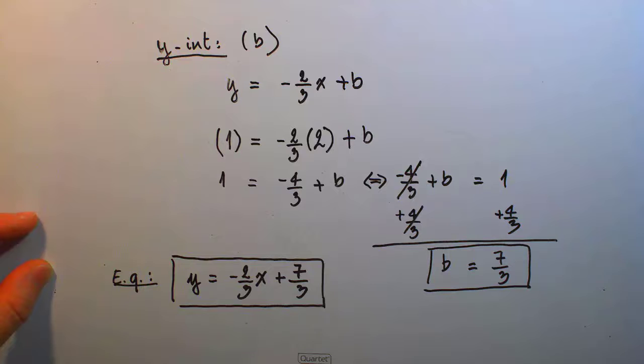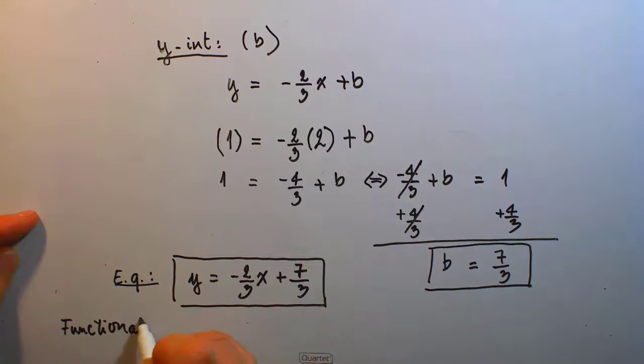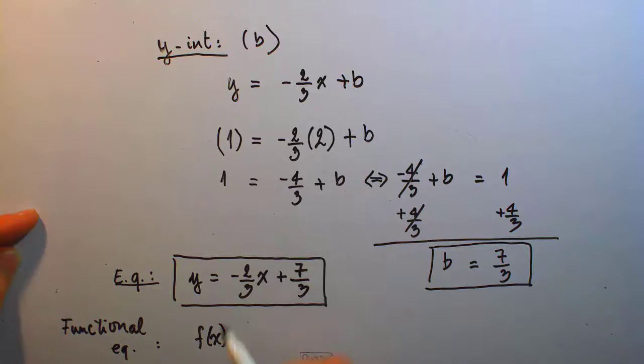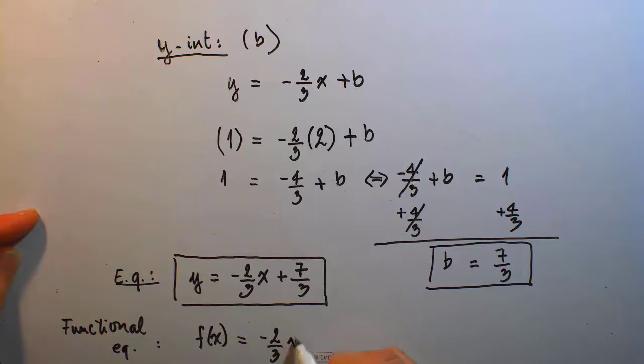In case you need to express your equation in functional notation, just replace the y variable with the f of x symbol. So f of x, f is a function in terms of x, and the expression for that is negative 2/3 x plus 7/3. And that's how we write it.